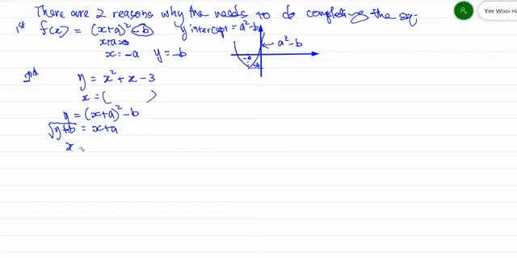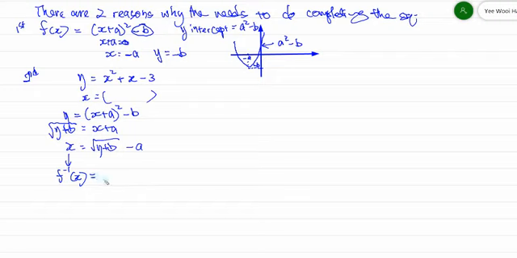Then I move the a over here, so it's actually y plus b minus a. Now do you see that? Now x is the subject, and on the other side of the equal sign you will not find any x term, so you have actually found the inverse function.